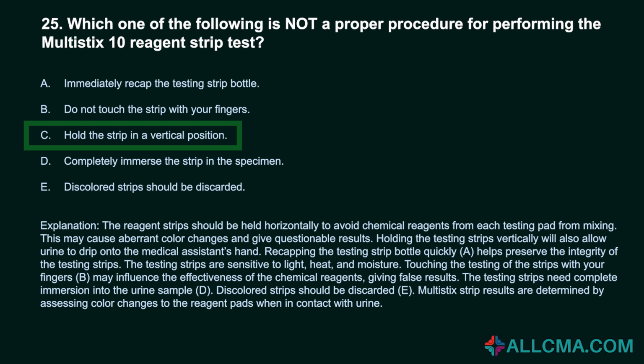Touching the testing area of the strips with your fingers, B, may influence the effectiveness of the chemical reagents, giving false results. The testing strips need complete immersion into the urine sample, D. Discolored strips should be discarded, E. Multistix strip results are determined by assessing color changes to the reagent pads when in contact with urine.